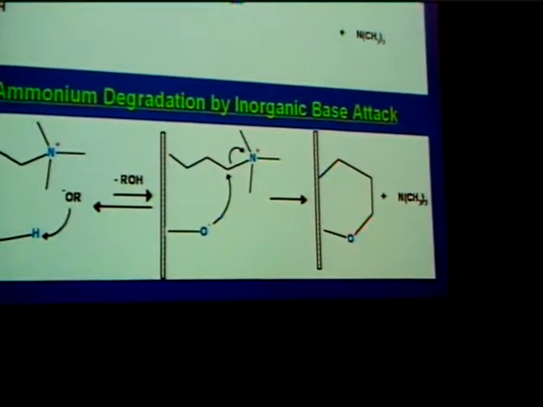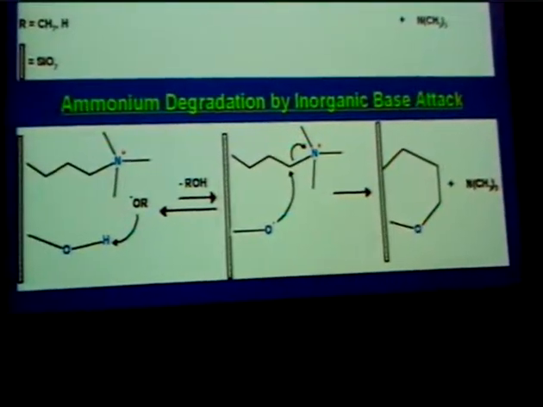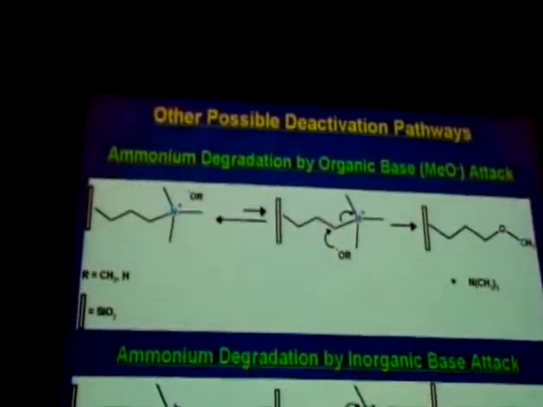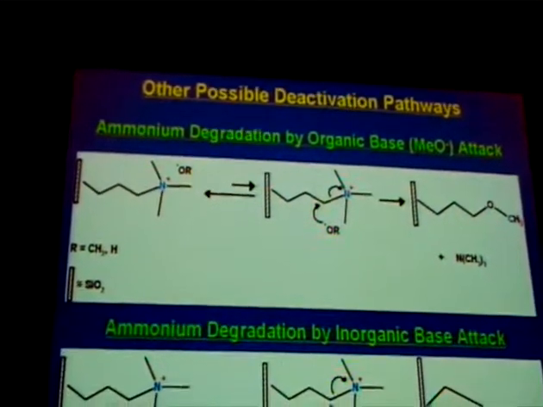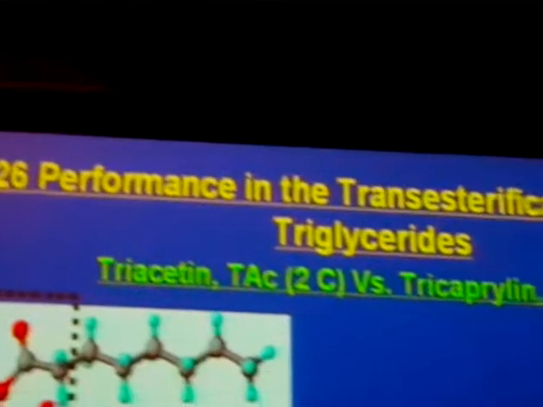So this is another possibility that needs to be explored further, because we didn't go beyond this. We just proposed that this is a route that needs to be researched in the future.